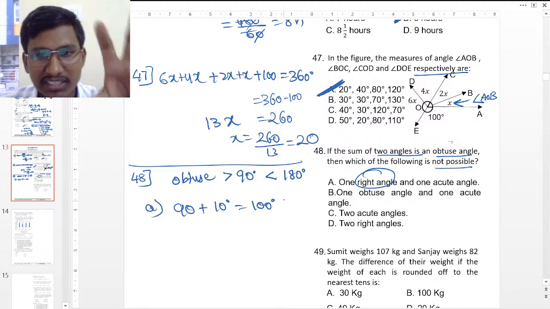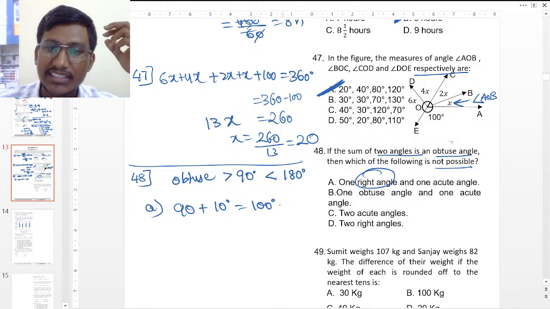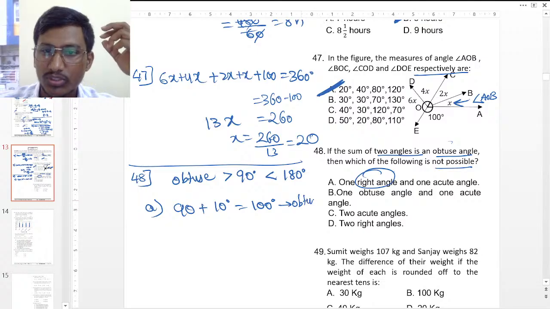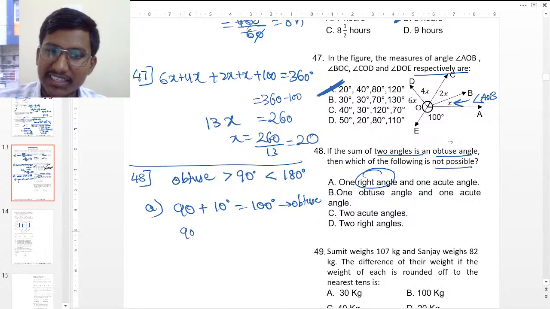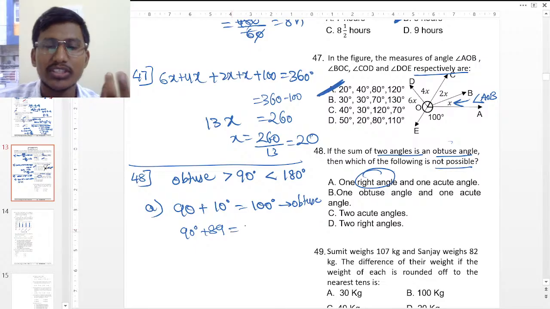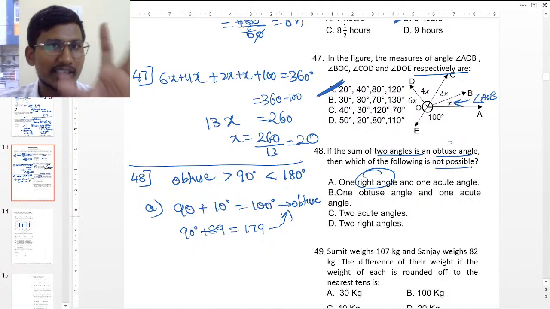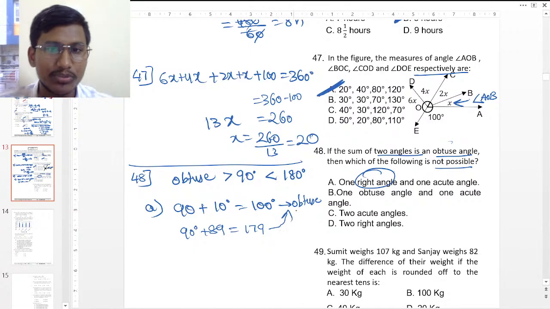Is it an obtuse angle? Yes, it is obtuse. The acute angle should be less than 90. One more example: 90 plus 89 is 179. That will also be an obtuse angle only.